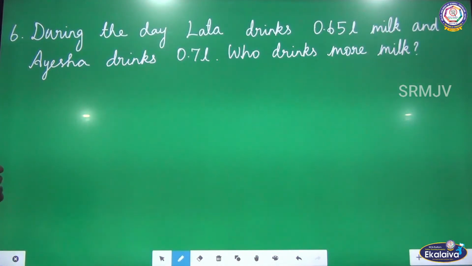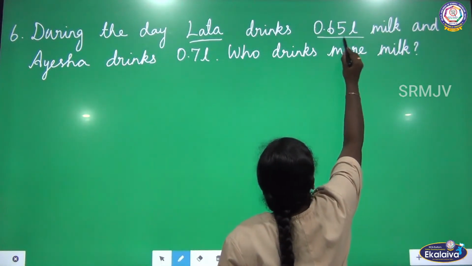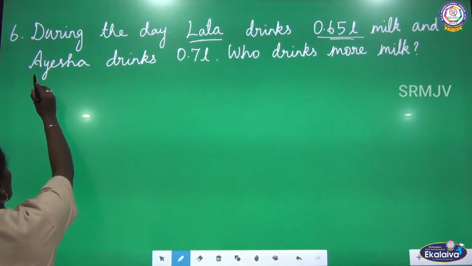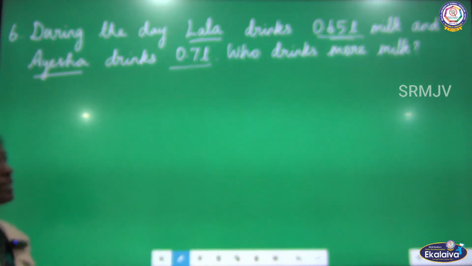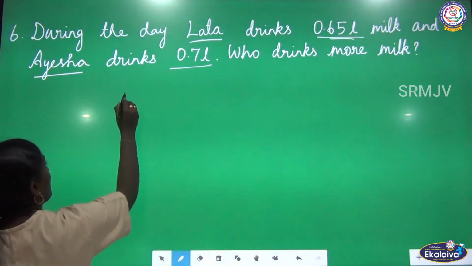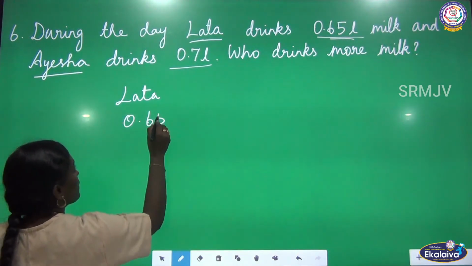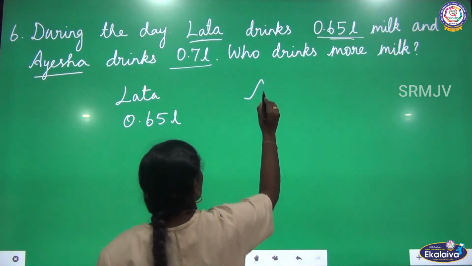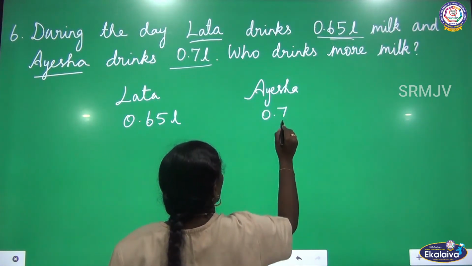During the day, Lata drinks 0.65 liter milk and Aisha drinks 0.7 liter milk. Who drinks more milk? Here also we are going to compare. So Lata drinks 0.65 liter and Aisha drinks 0.7 liter.